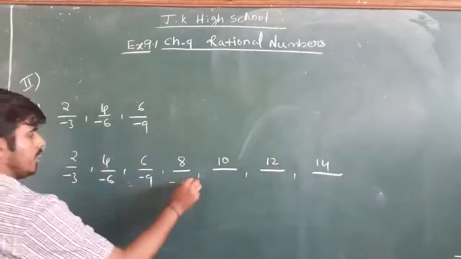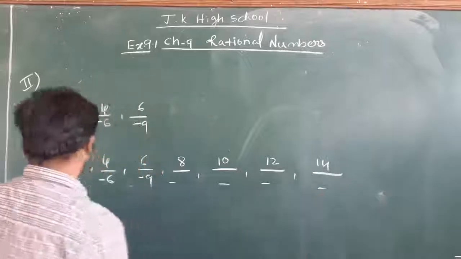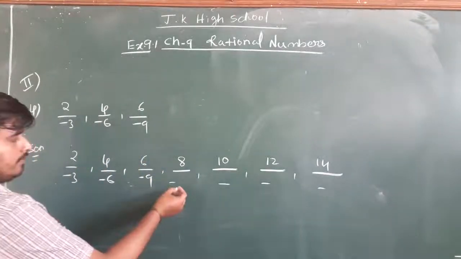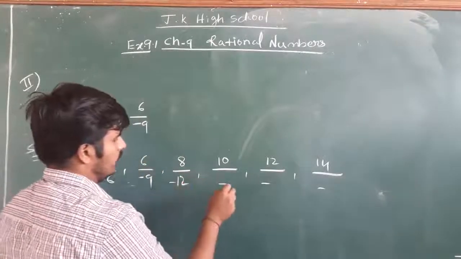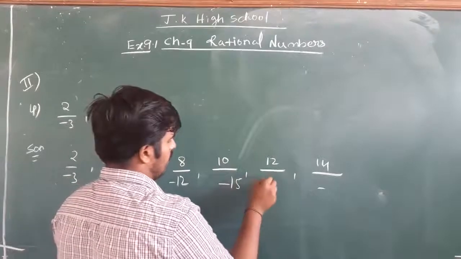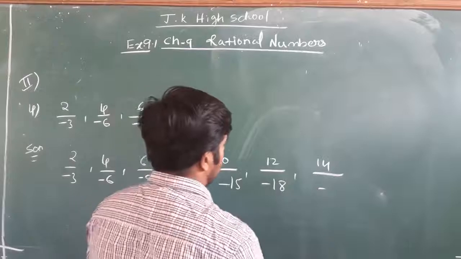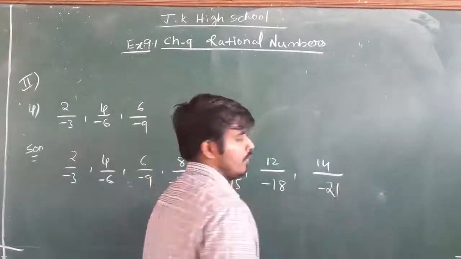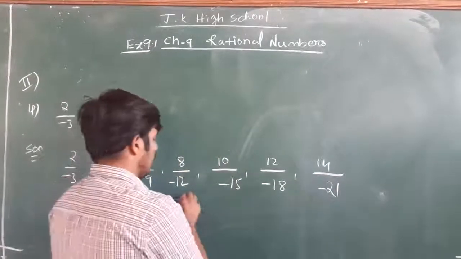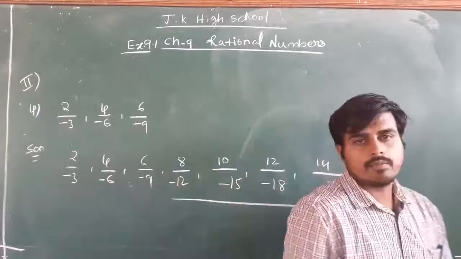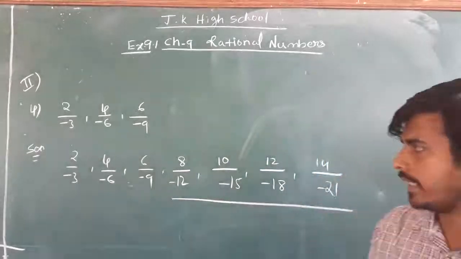Your minus in each. 3 threes are 9, 3 fours are 12, 15, 18, 21. And you got 4 rational numbers. In a similar way, you can try the first and second question.